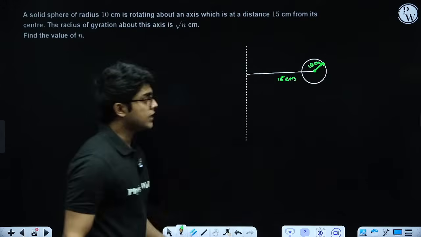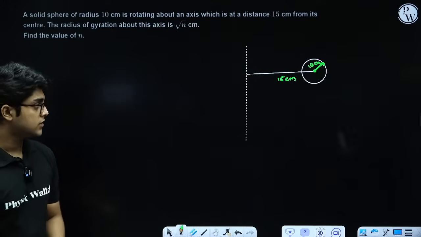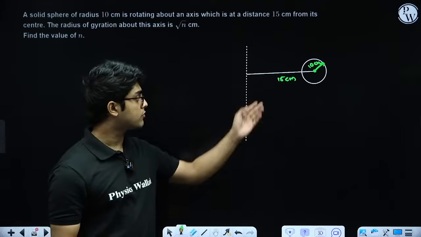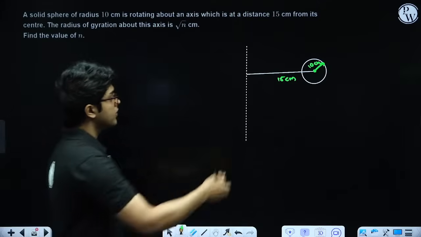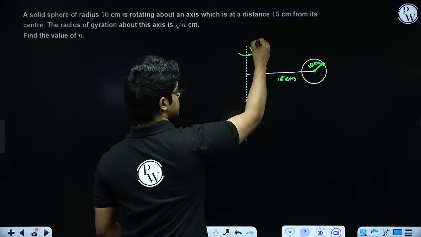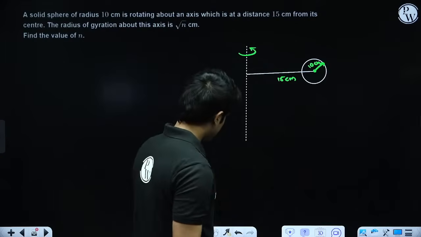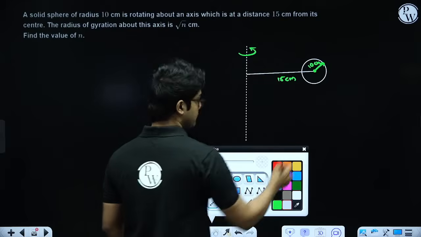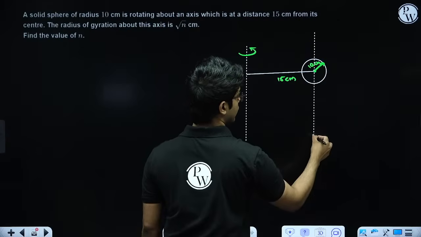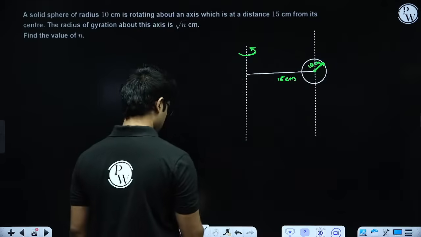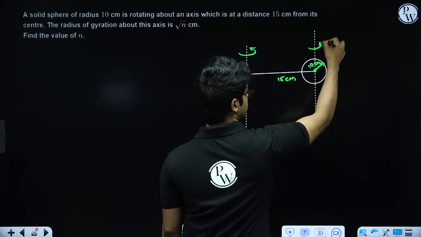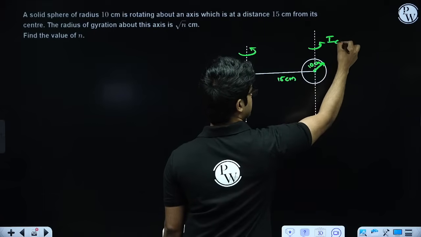Whenever a radius of gyration problem is asked, the first step should be to find the moment of inertia of the system. If this particular system is rotated, we'll use once again the parallel axis theorem. We know the moment of inertia about the axis passing through the center of mass, ICM.